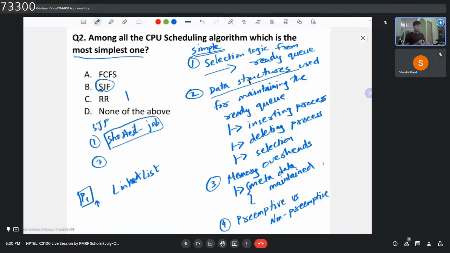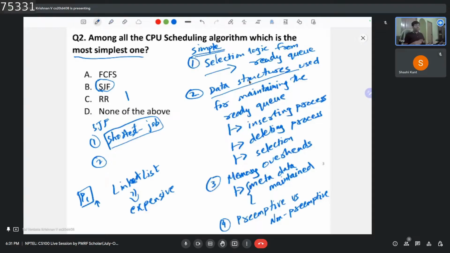So you have to traverse the whole linked list, and traversing a linked list is a very expensive operation, since you have to load from memory. It is a linked list structure, so you load the next pointer, and there will be many memory operations. If 100 processes are on the linked list, you will traverse all 100 elements, find the shortest job process, and then schedule it on the CPU.